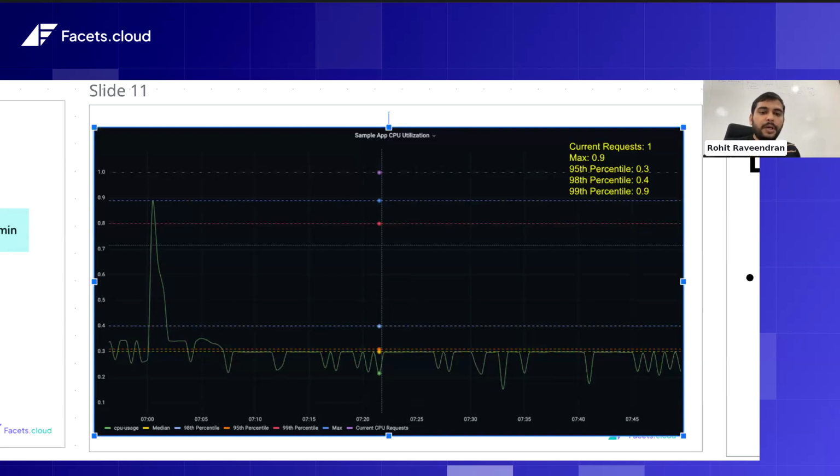So, for example, in this particular case, this is a sample application data that I've loaded up, and I can see that for most of the steady state, the utilization is around this 0.3 mark, which is the median. But then I have this spike. It's a one-off spike, and this is a common pattern that you must have seen.